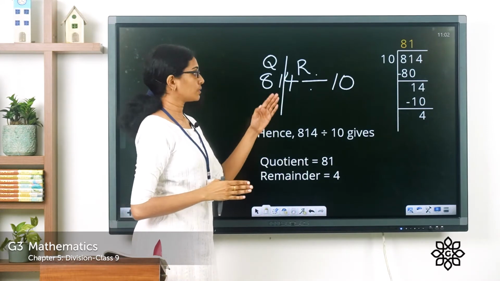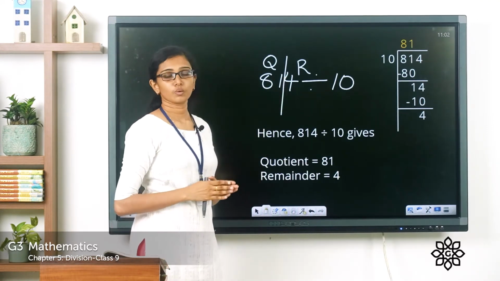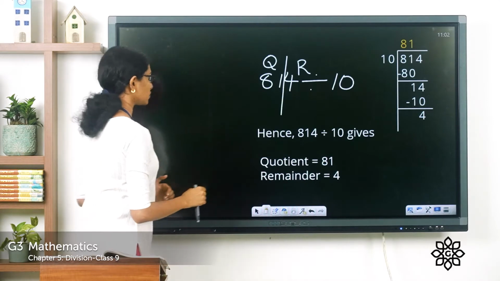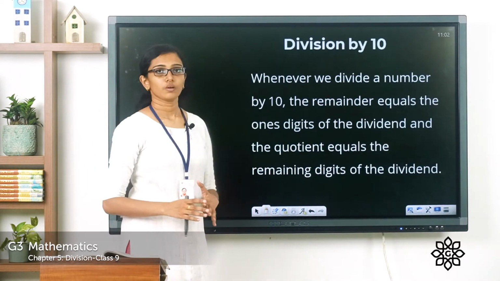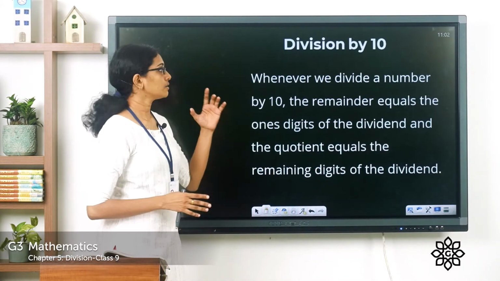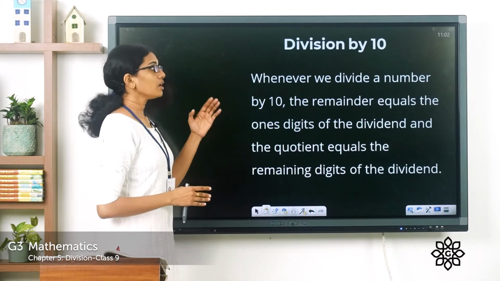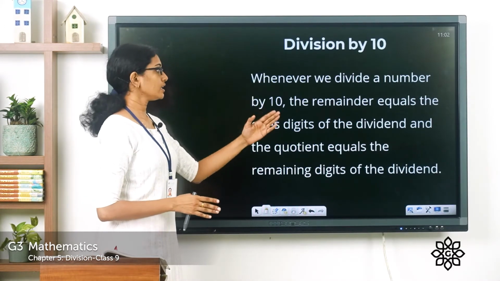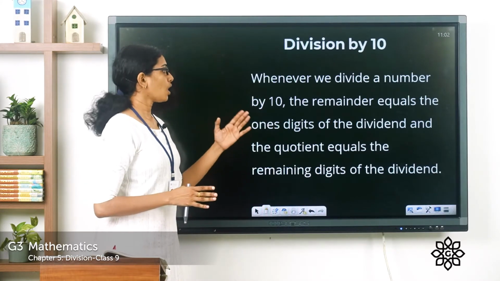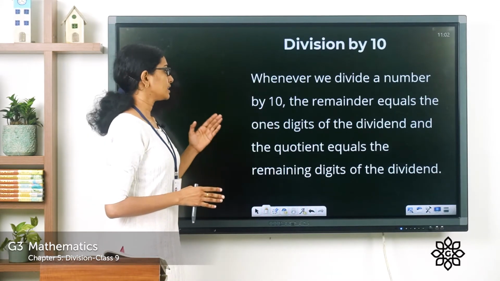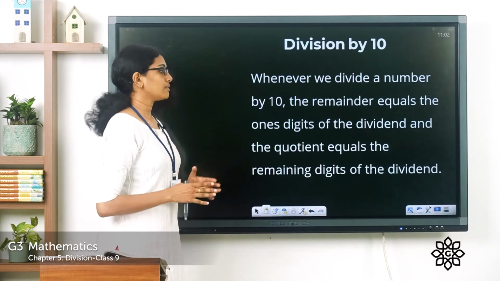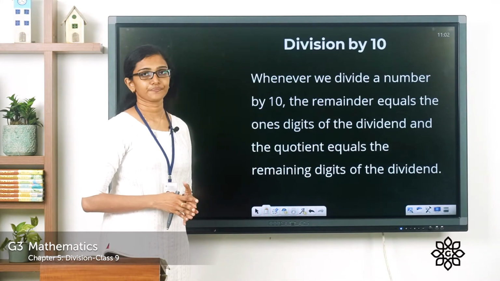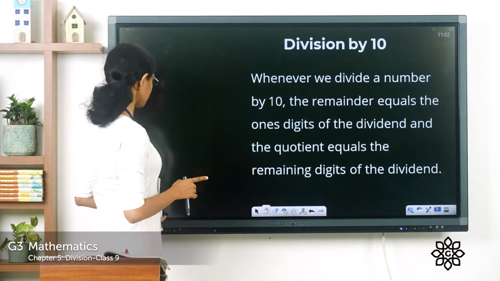So in general, we can say whenever we divide a number by 10, the remainder equals the ones digit of the dividend and the quotient equals the remaining digits of the dividend. Is that clear to you?